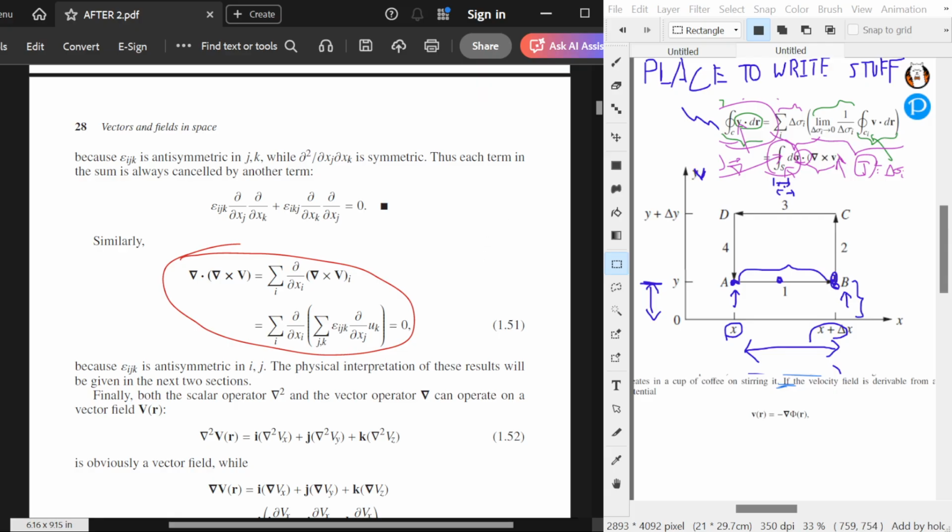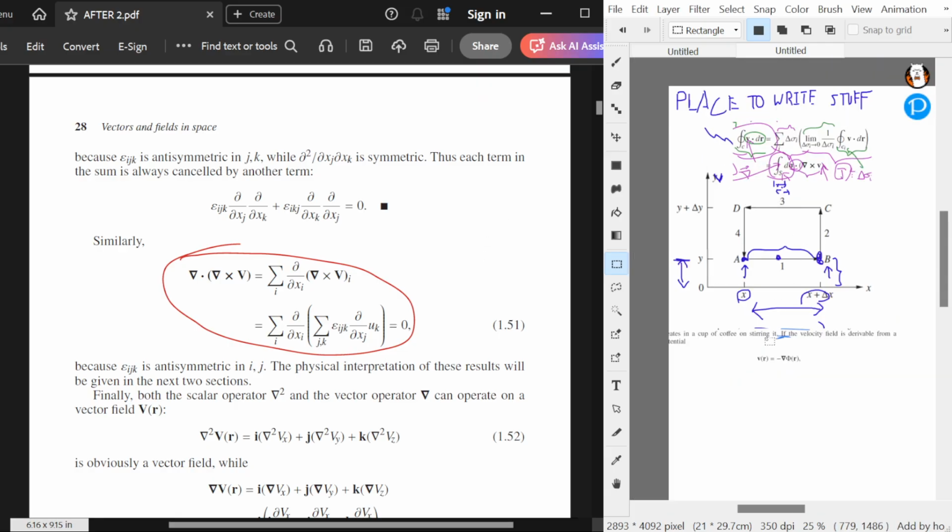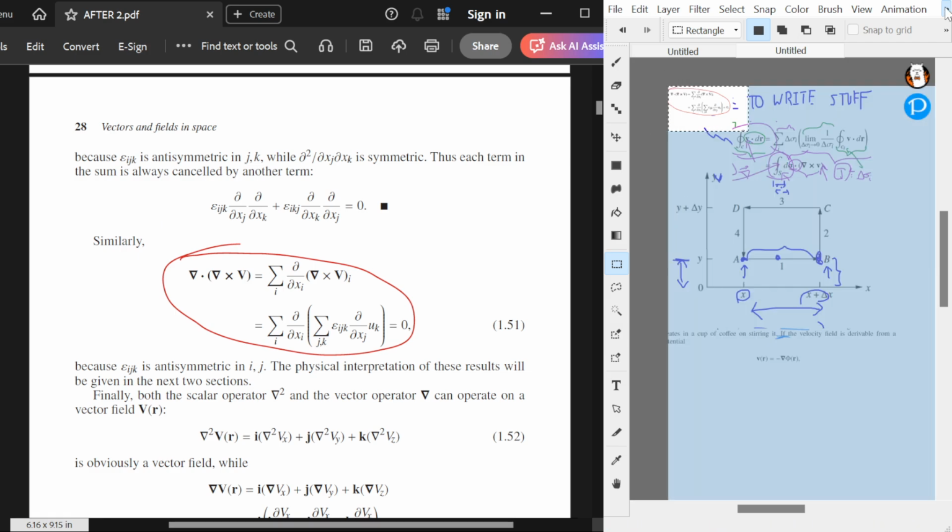So let me copy paste to a separate spot, right here, I mean. Copy, my friend, copy. Paste, you.